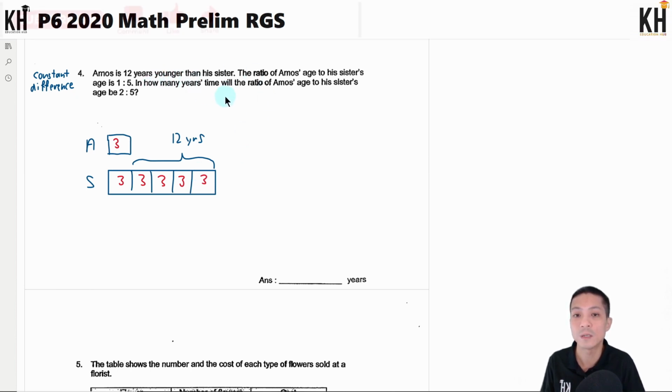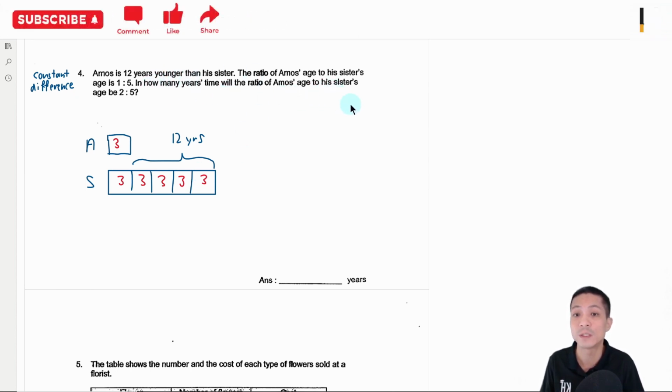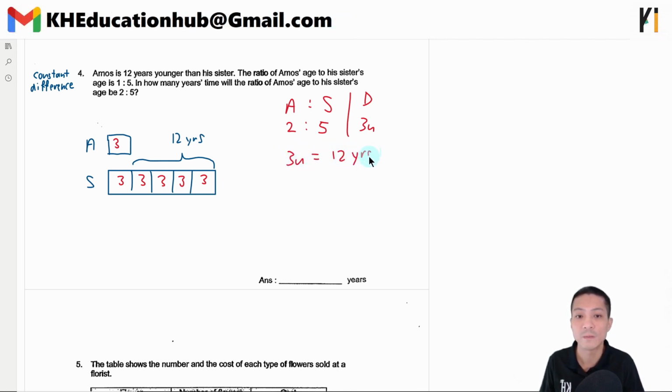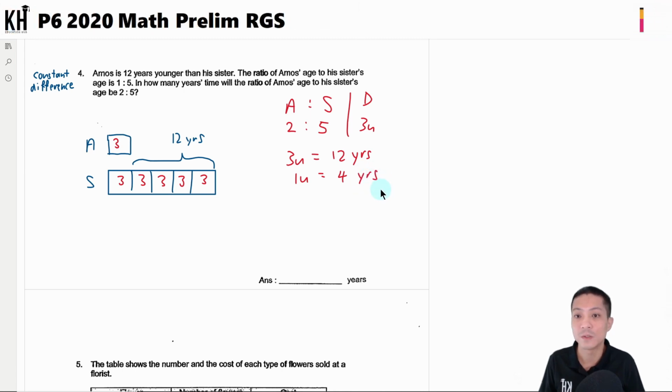Okay, in how many years' time will the ratio of Amos' age to his sister's age be 2:5, sorry. Okay, the difference is 3 unit. Okay, so 3 unit is equals to 12 years. And the 1 unit is gonna be equal to 4. Okay, so in how many years' time will the ratio be, it's gonna be 1 year later.